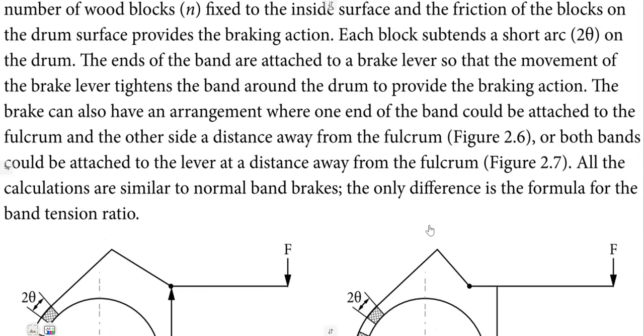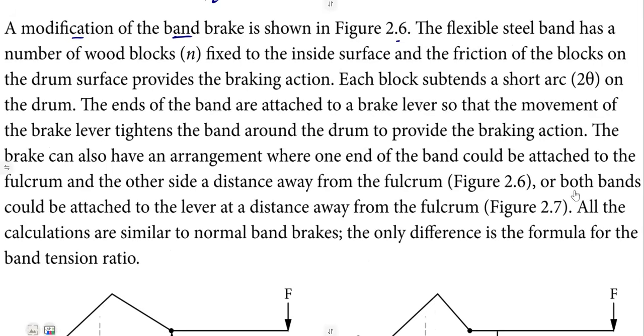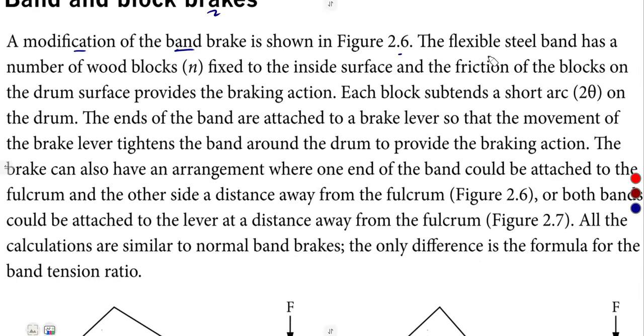Considering this, the flexible steel band has a number of wood blocks fixed to its inside surface. And the friction of the blocks on the drum surface provides the braking action.